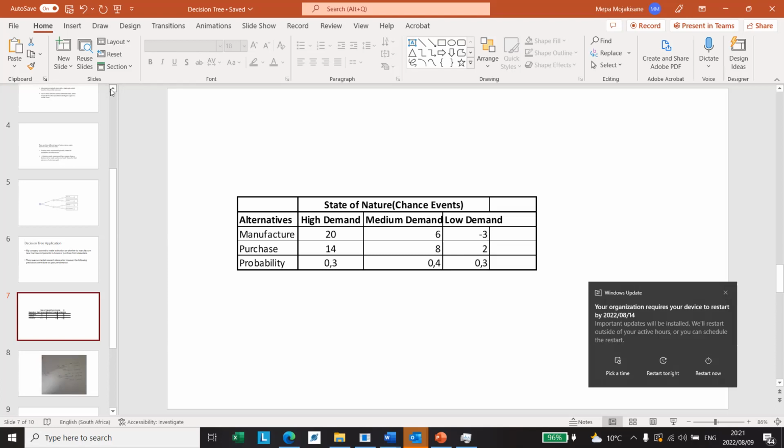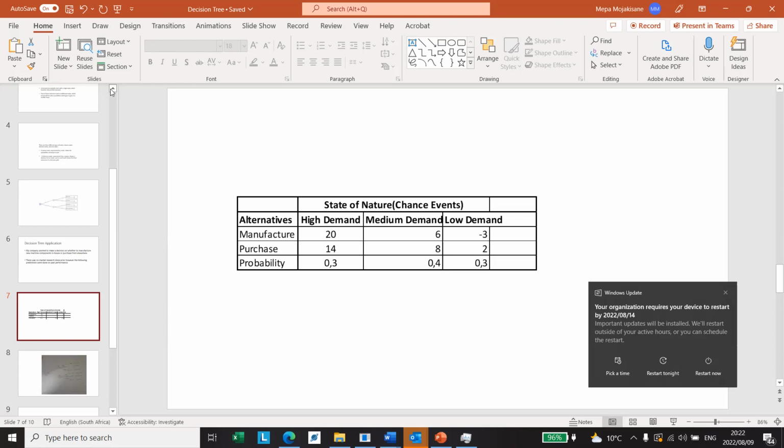If you are looking at the probability of high, yes, the 0.3, 0.4 and another 0.3, do they have to add up to 1, or can it be any number? You can have 0.3, 0.4 and a 0.5 maybe.